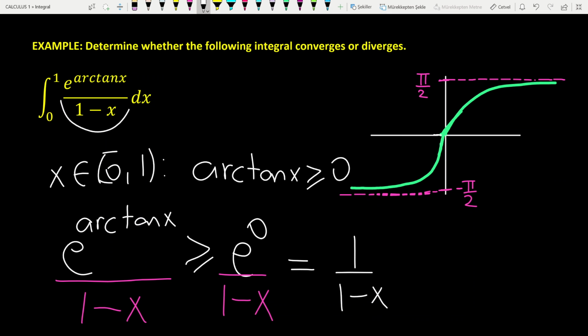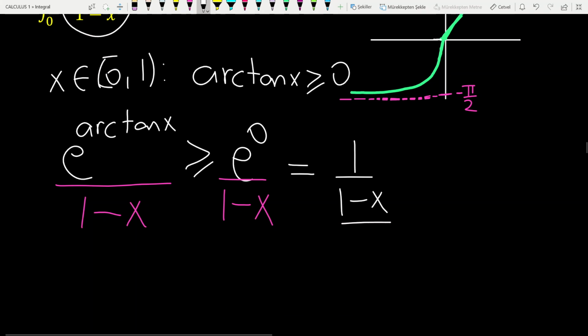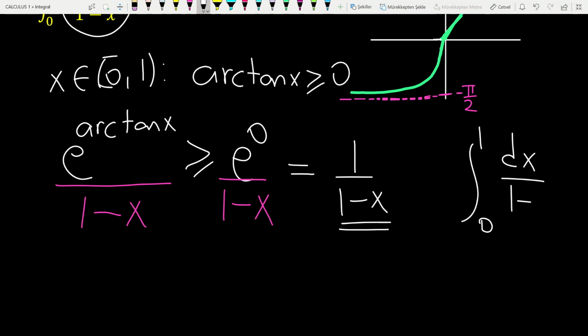Do we have information about the integral from 0 to 1 dx over 1 minus x? Yes, we know that this is a divergent improper integral. By p-test, we solved this problem before, I think.